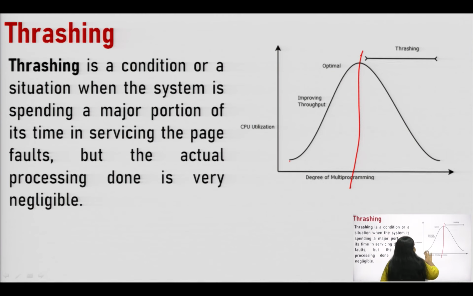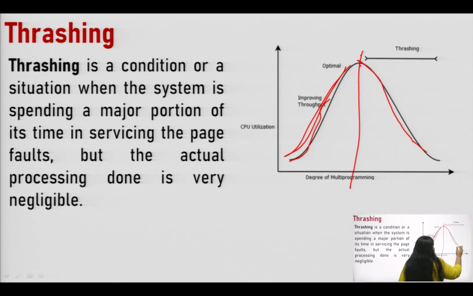Till here processing was improving and the throughput was high. So, this condition is okay, this is what is expected, but from here the number of page faults has increased, and because of that the processing has gone down, and the system is now going into a condition known as thrashing.